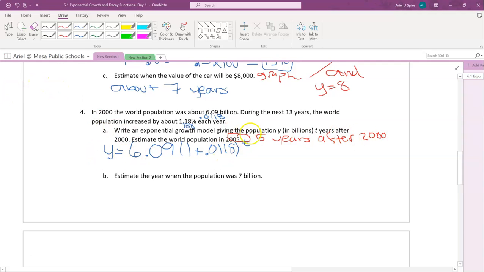So I want to go ahead and plug in 5 for the t right here. Then I want to go ahead and type this into decimals.